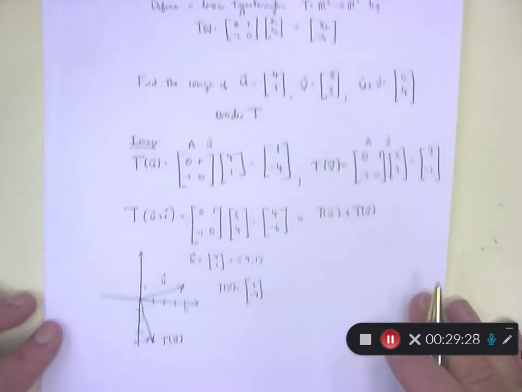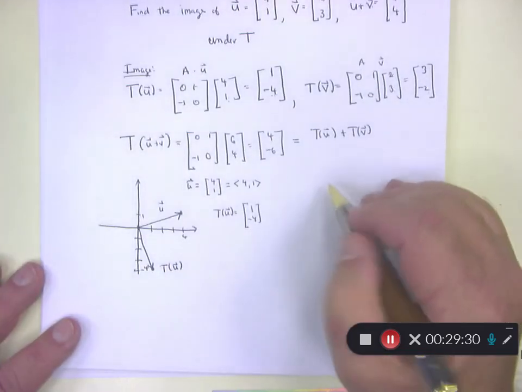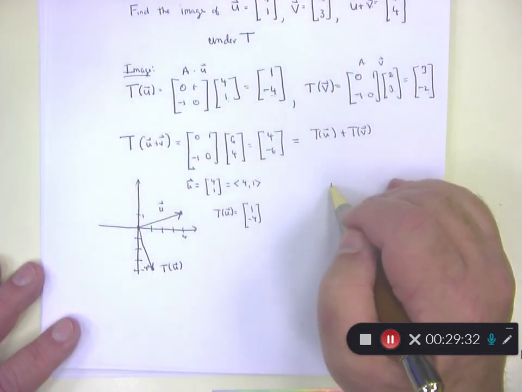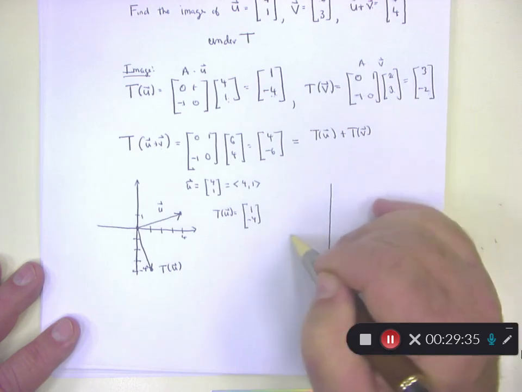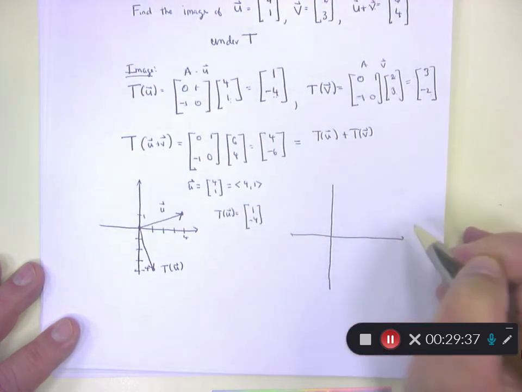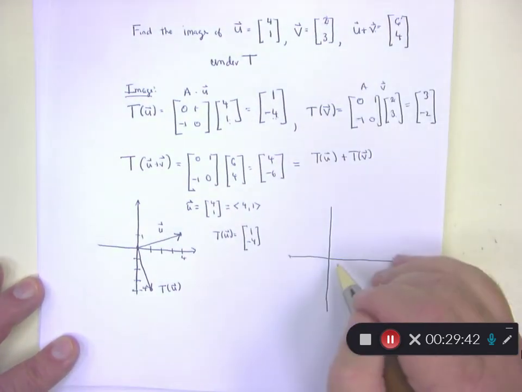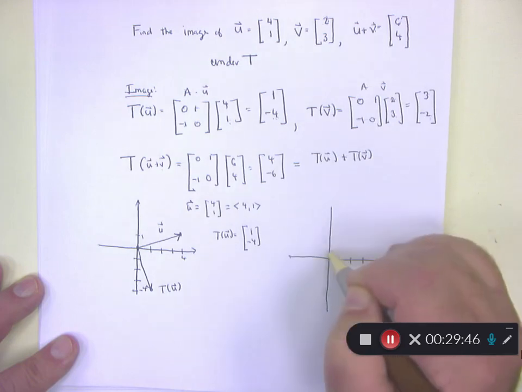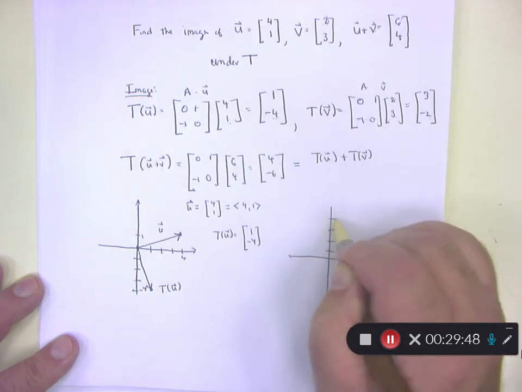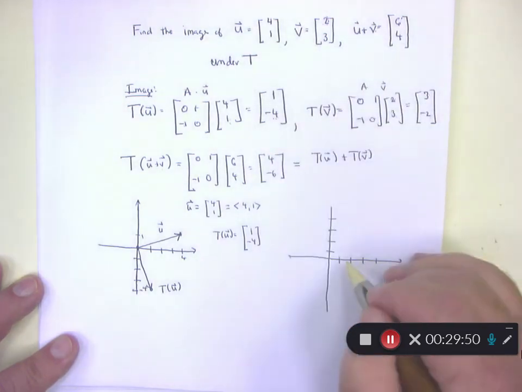And just to show you, let's come over here and do the same thing to v. What was vector v? Vector v was (2, 3). So 2, 1, 2, 3, 4, 1, 2, 3, 4, (2, 3). X is 2, y is 3.